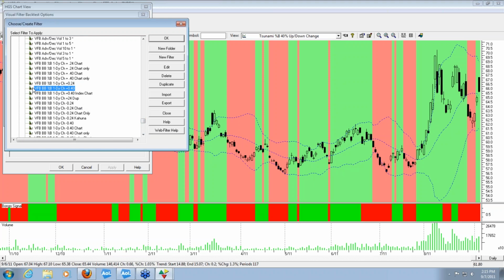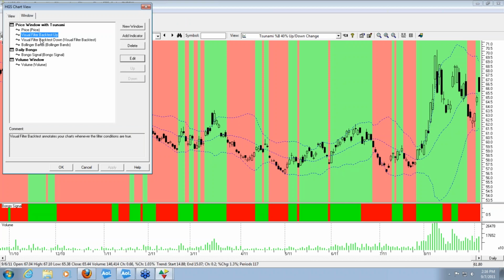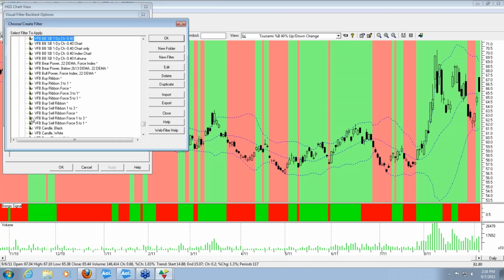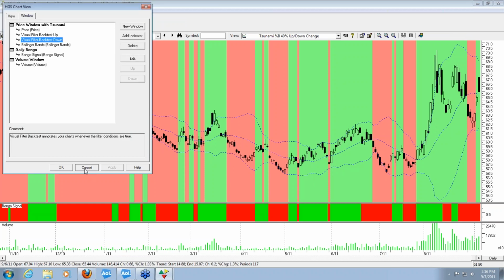The one you want is VFB BB, Bollinger Band %B, 1-day change plus 0.40. That's for the up, and down here you see minus 0.40. That's for the down. So that's where we get the VFBs from.